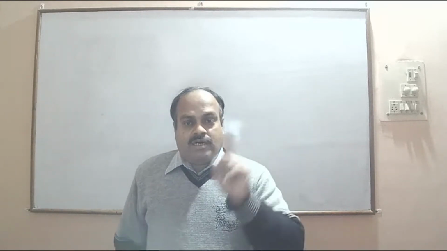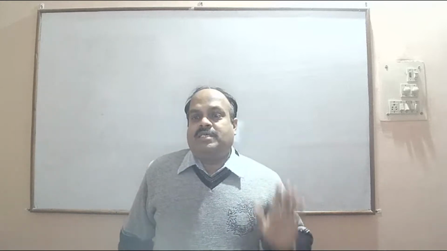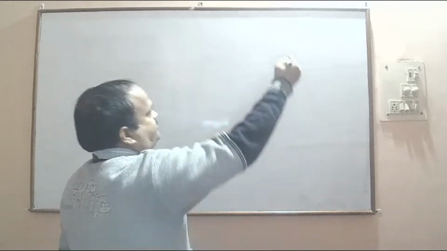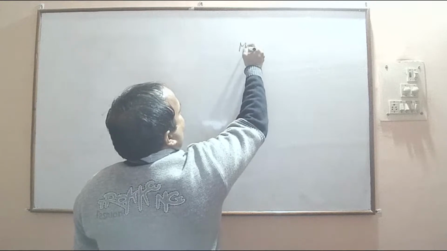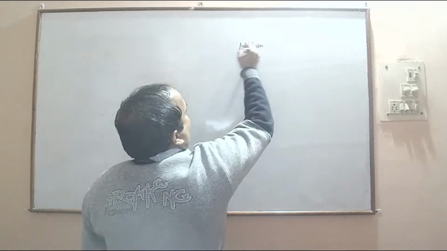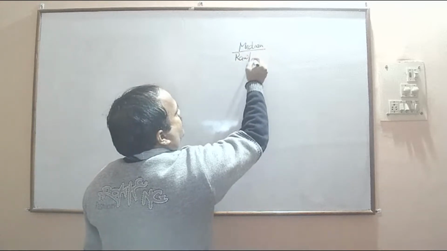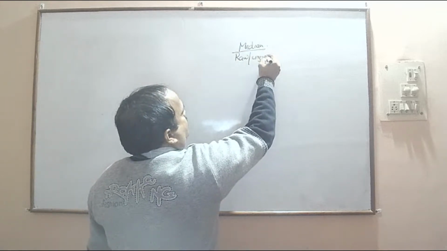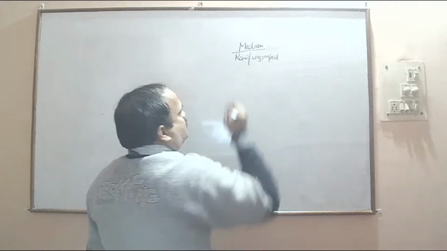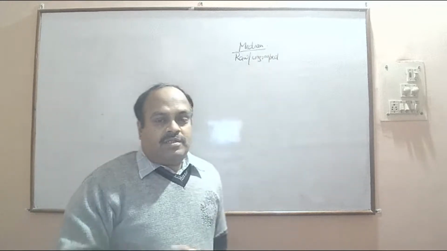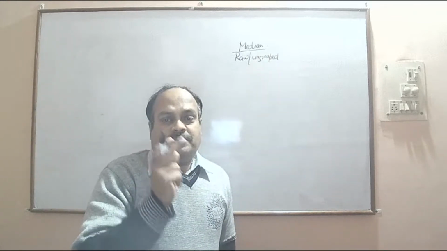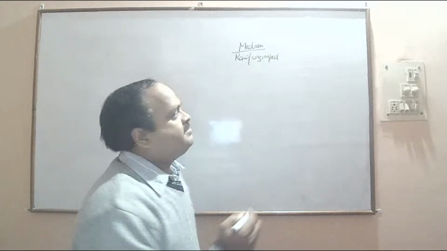For the raw and ungrouped data, the formula for the median remains the same. What is it?